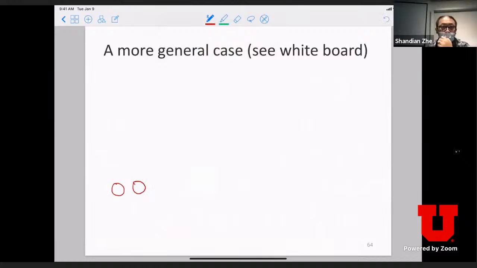Forgive my bad drawing. So this is layer 0, this is layer 1, this is layer 2, and layer 3, this is the output layer, this is Y.